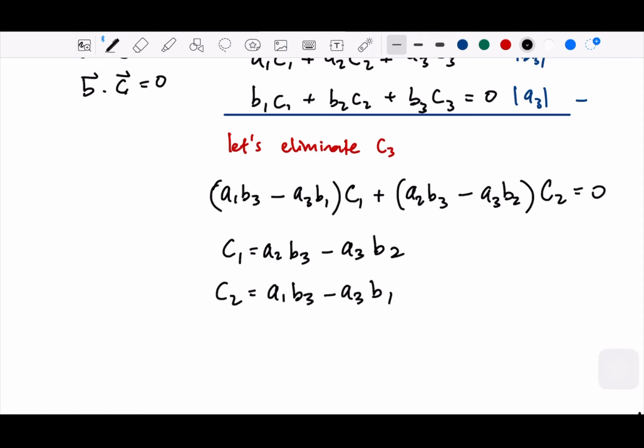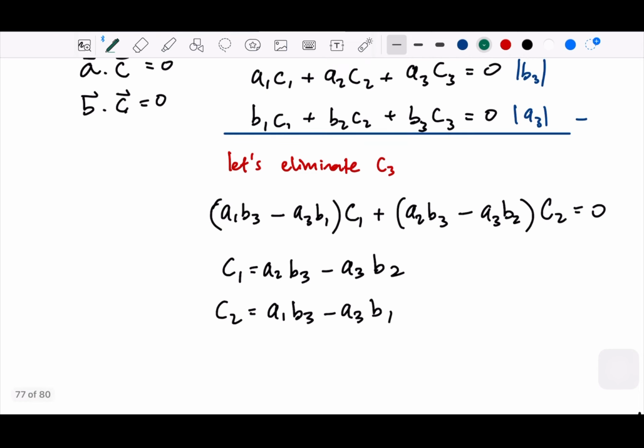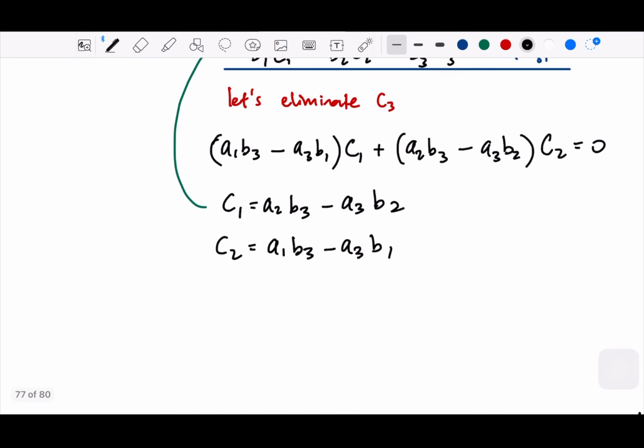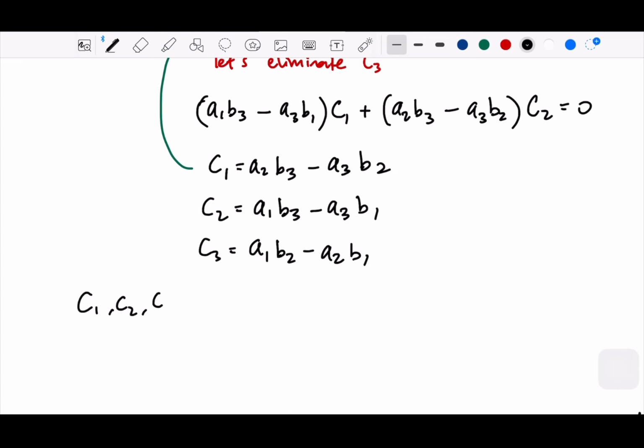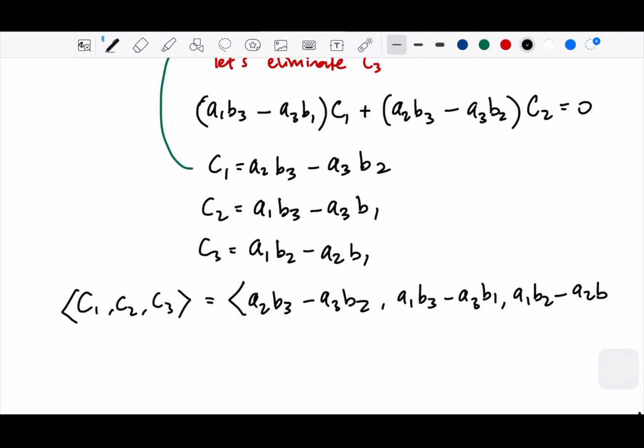Now based on this, we can simplify and substitute back to find C3, and we find C3 is equal to A1B2 minus A2B1. So we can write down C1, C2, C3 in terms of a vector: A2B3 minus A3B2, A1B3 minus A3B1, and A1B2 minus A2B1.